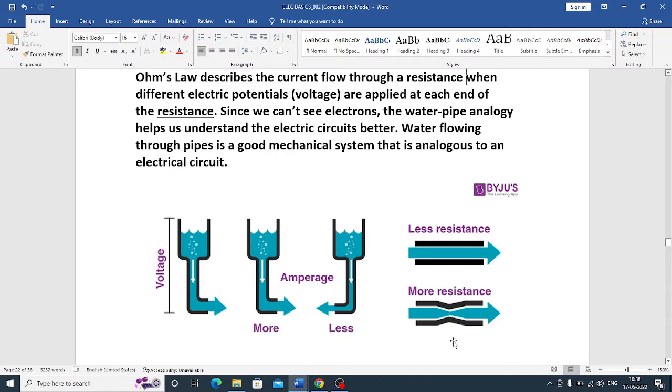This is not an exact comparison, but an idea. Voltage means head of the water, or the potential at which it forces the electron flow. Here in water, it is the height of the water that is responsible for the discharge. And then discharge is also determined by the resistance.